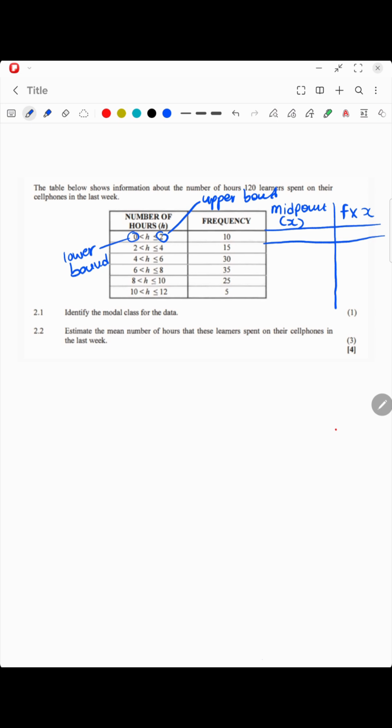Then for the first interval, it will be 0 plus 2 divided by 2, which is 1. Then we will have 1 here.